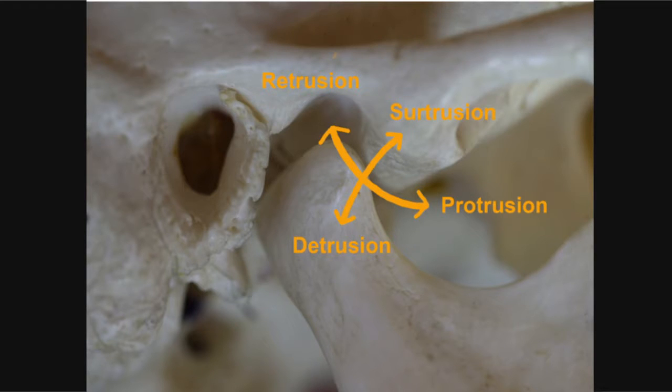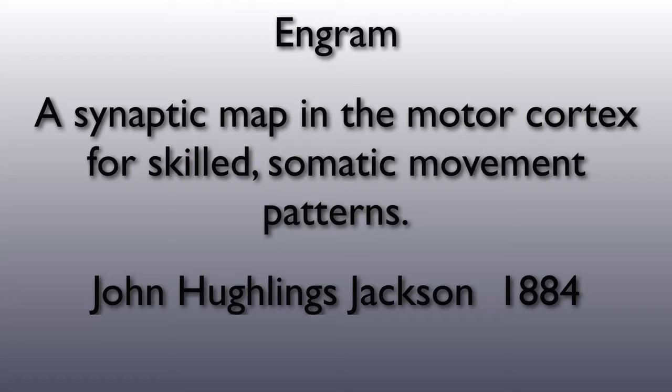The condylar movement terminology which we use are protrusion and retrusion, which everyone is familiar with, and then surtrusion and detrusion. Surtrusion is a movement of the condyle toward the eminence. Detrusion would be a movement of the condyle away from the eminence.